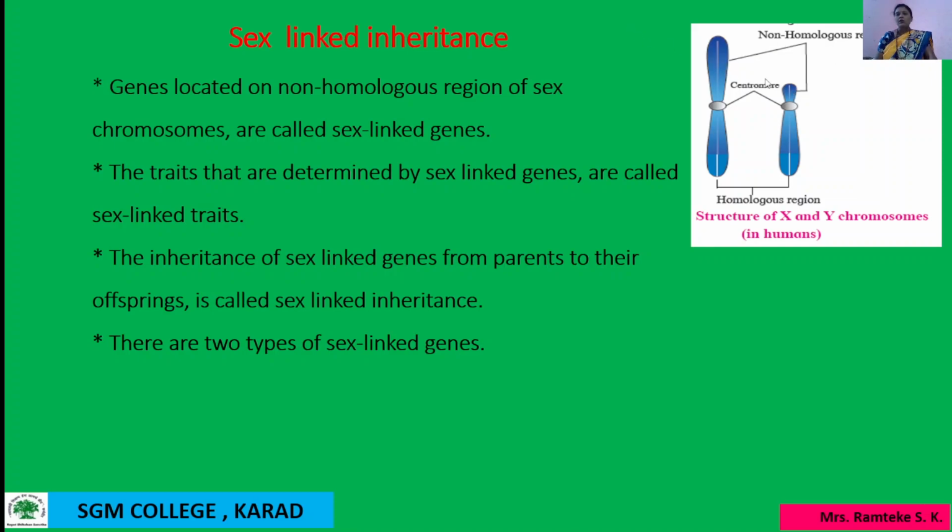On this non-homologous region, genes are present, and those genes are known as sex linked genes. The traits determined by sex linked genes are called sex linked traits. The inheritance of sex linked genes from parents to their offspring is called sex linked inheritance.